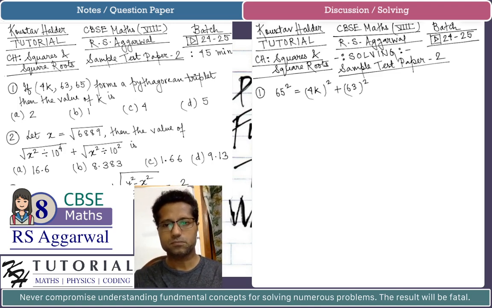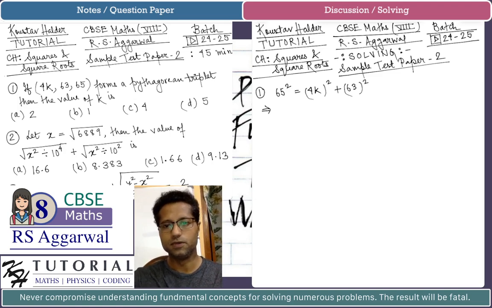Now from here, if you try to solve the problem, you can solve it directly. Okay, let's try to solve from here. What I will do is I will not compute 65 square and 63 square.